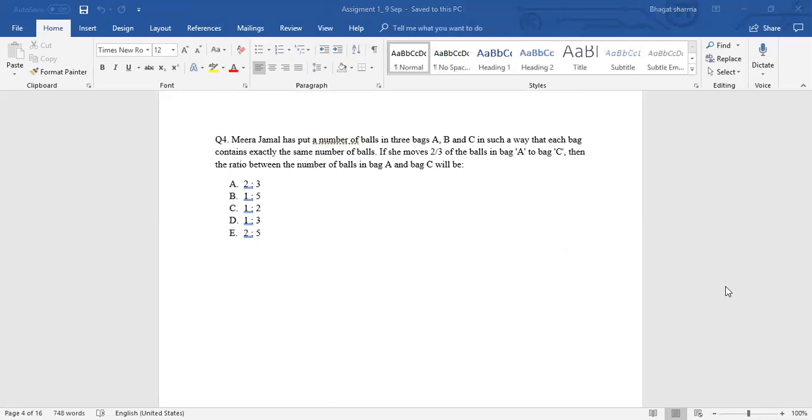Or what you could have done, you could have used algebra also here, right? Because here the number of balls is unknown, but we know that all of the bags have the same. So that is a good option that you took the number as 3, so it was easier to solve. Otherwise, we could have done it with x.